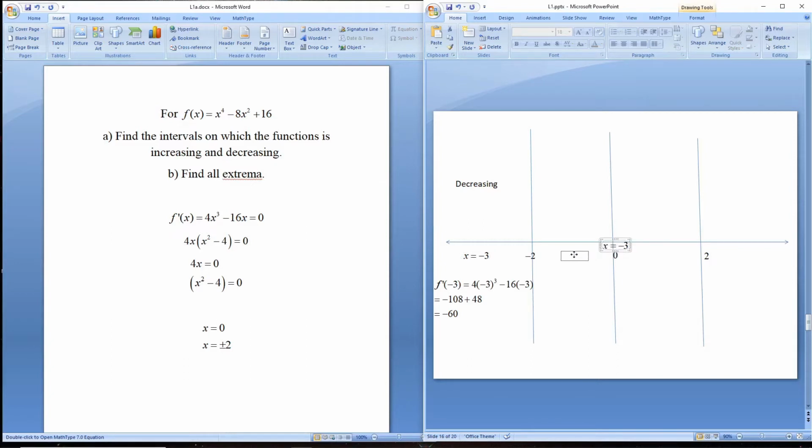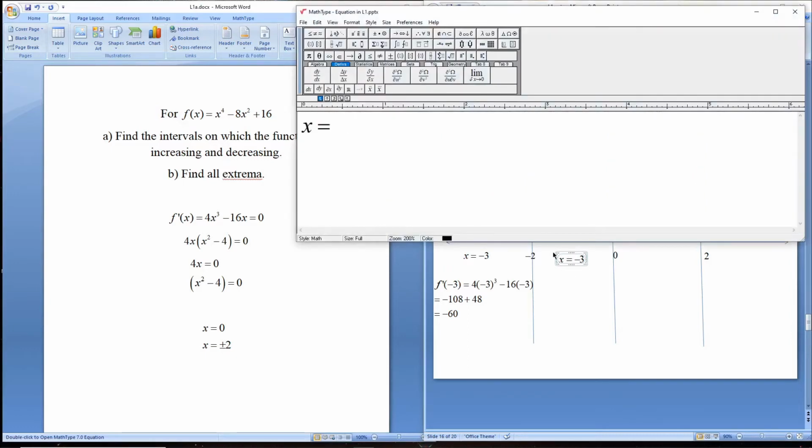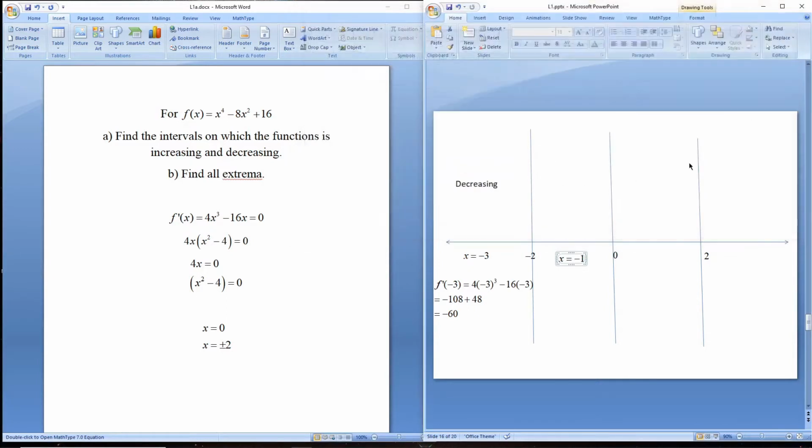So we'll go on to the next region, and we'll choose a number between -2 and 0. You could choose some -0.02835 something, but make life simple. Choose a -1.